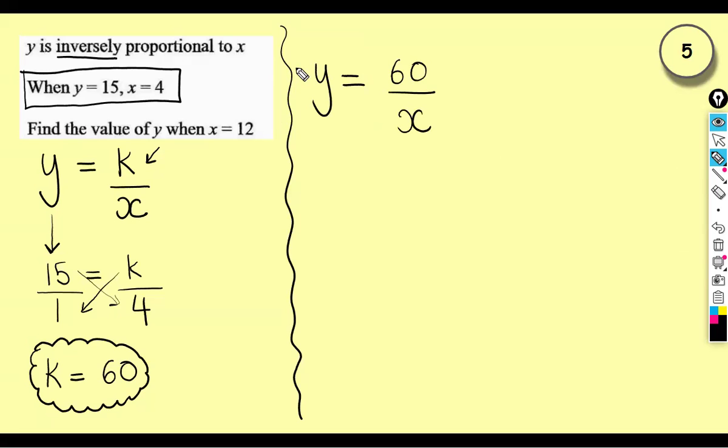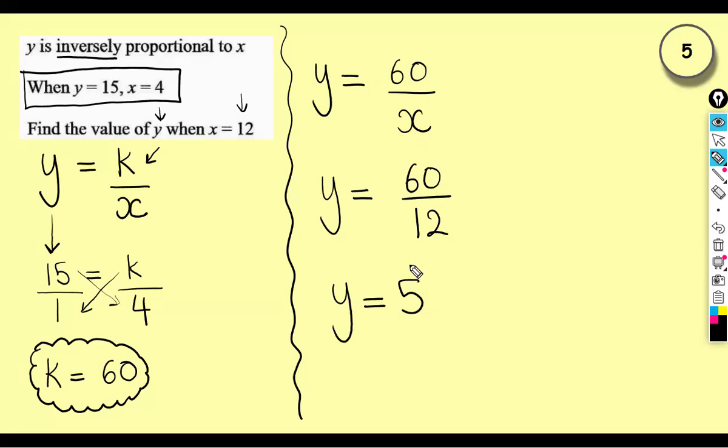They're asking the value of y when, oh, this one wasn't too hard. Now that we have x as 12, the answer is what? 5. So the answer was 5. A couple of people got it wrong. Just let me know if you saw this.